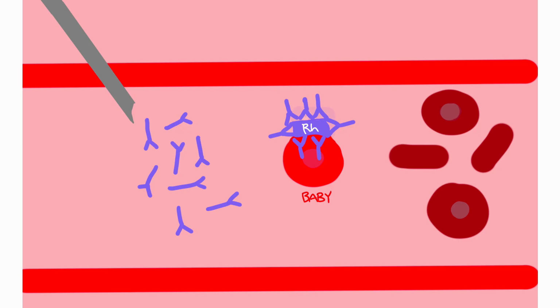These antibodies will cling to the Rh positive blood and shield the Rh factor from the mom's immune system, keeping her from becoming sensitized. How cool is that? And not only cool, super important, because on the next slide, we're going to see what happens when ROGAM is not given and an Rh negative mom who had an Rh positive baby gets pregnant again.